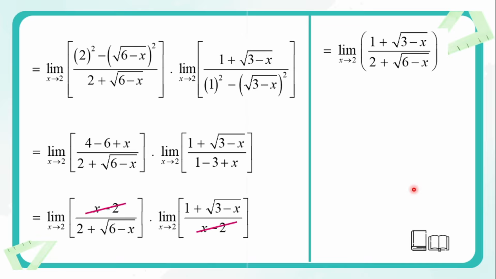So now it is in the simplest form. Then we substitute 2 into the fraction, simplify, and get the limit value is 1 over 2.